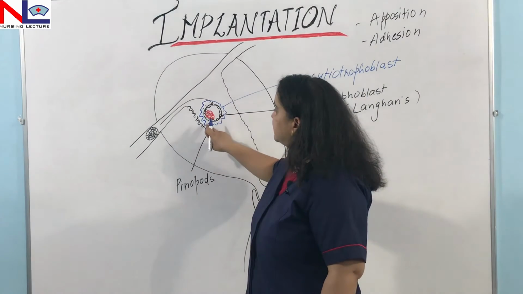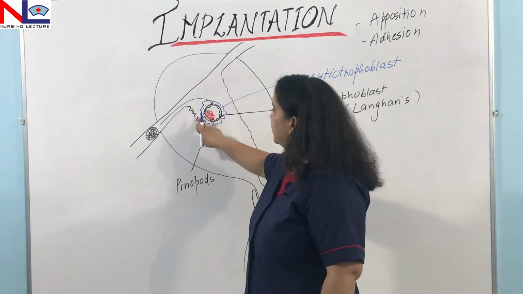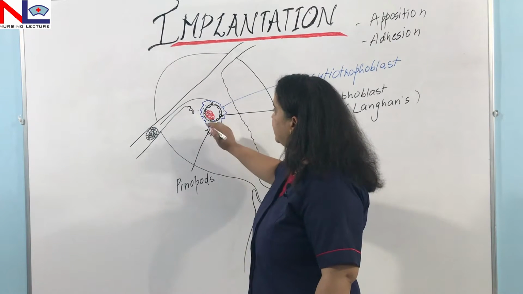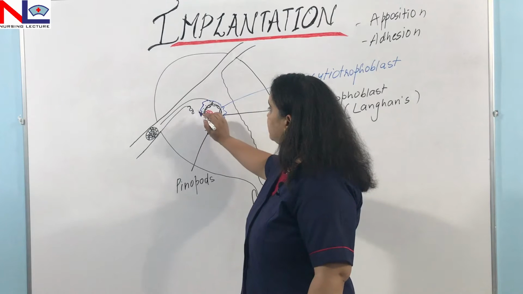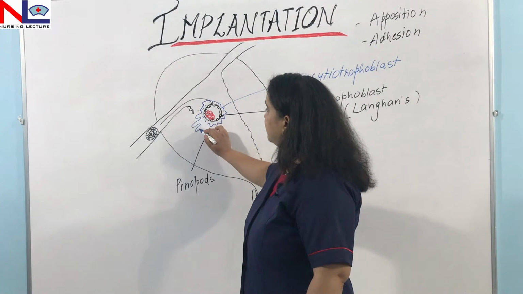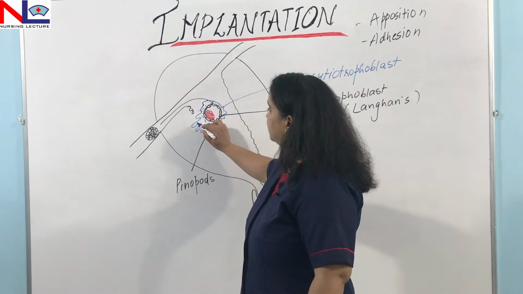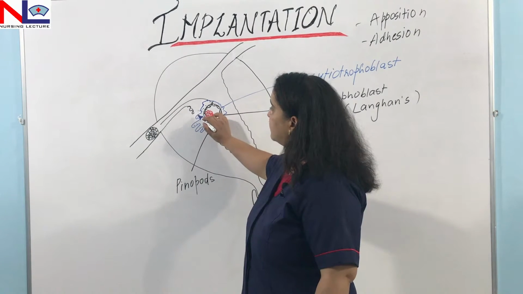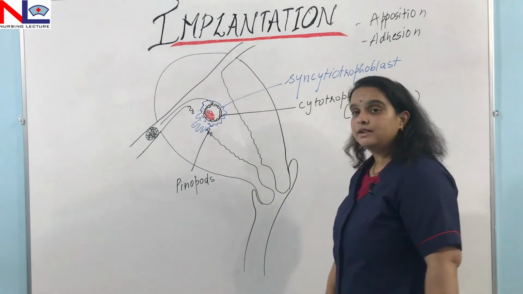As this syncytiotrophoblastic cell invades or penetrates this stromal lining, what is happening? They go inside more and more. And how does this process occur?